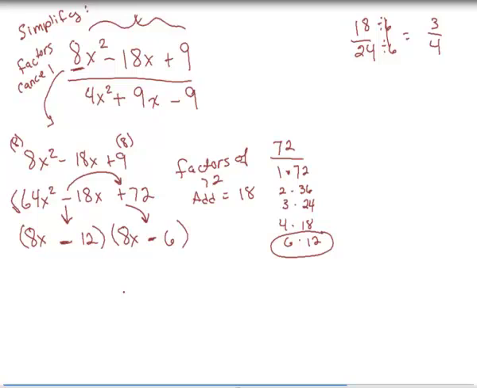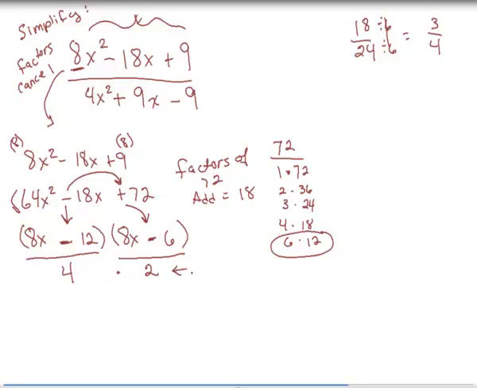Now, remember I used that 8 up at the top. Now I got to get that 8 back off. So I'm going to divide by any common factors I see here. This 8x minus 12, there's a common factor in these two terms. What do they have in common? What's the greatest common factor of 8x and 12? 4. Yeah, and the greatest common factor of 8x and 6 is 2.